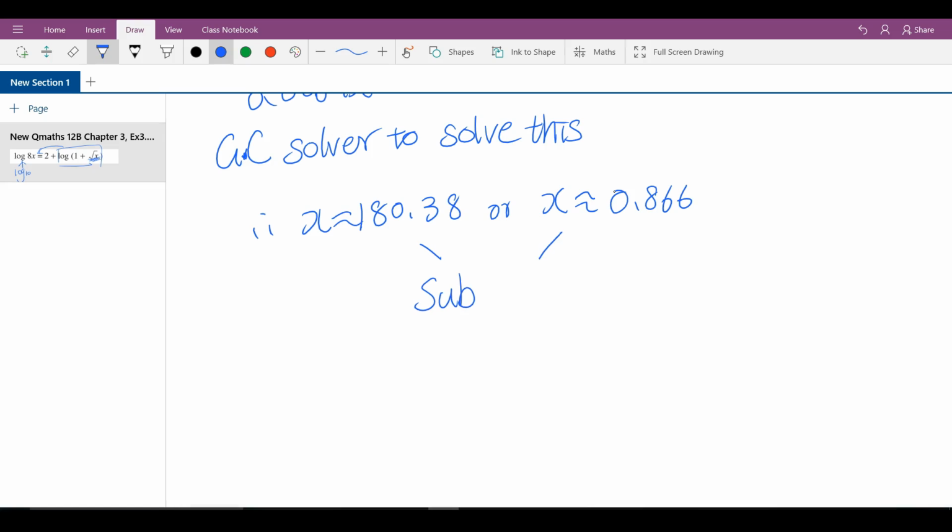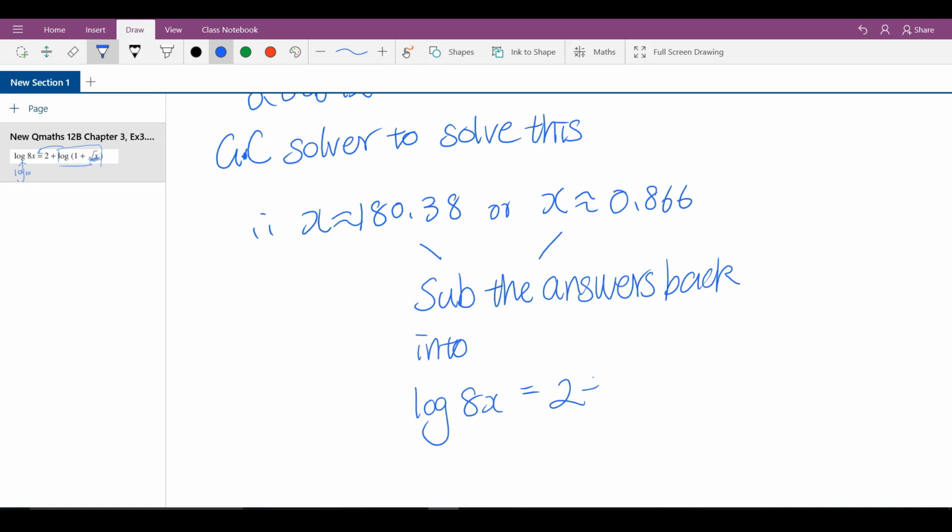Sub the answers back into log ax equal to 2 plus log bracket 1 plus root x.